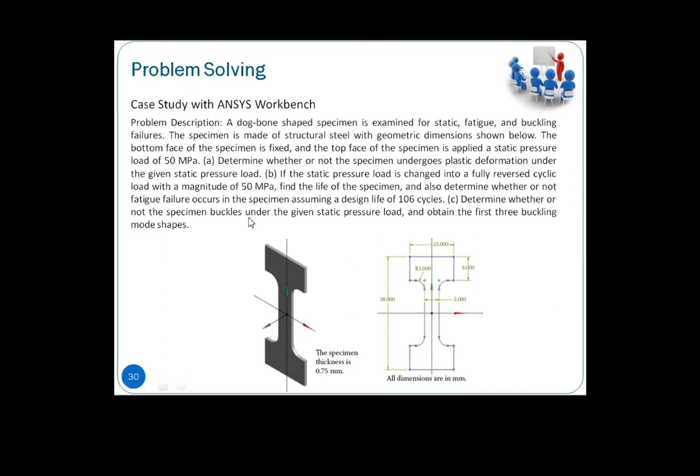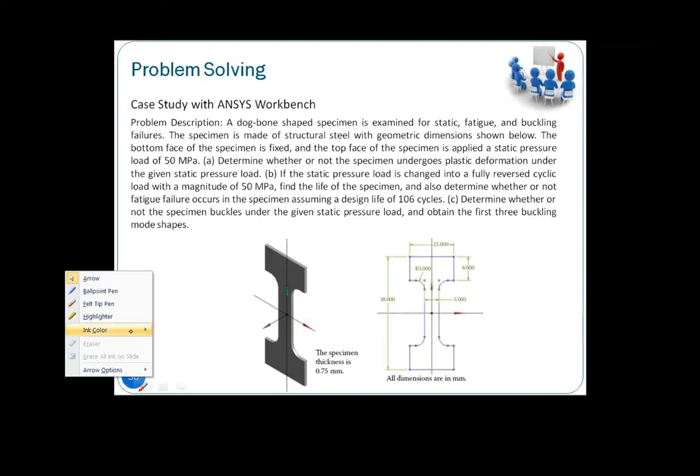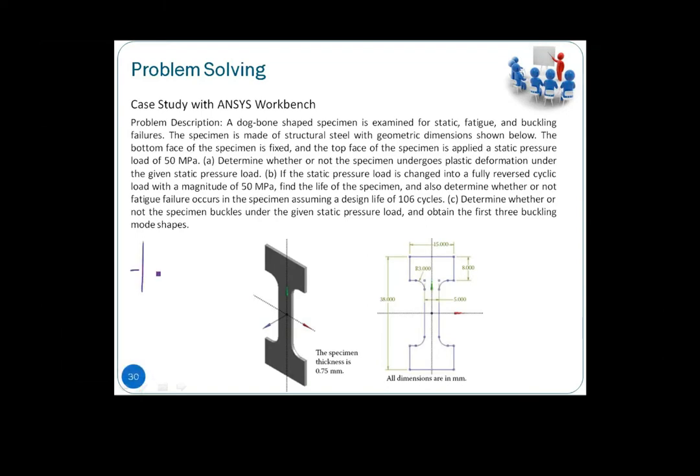If the static pressure load is changed to a fully reversed cyclic load of 50, then if you are plotting the load profile, it is P over time. At first it is like this, 50 megapascal. Static load is like this, right?